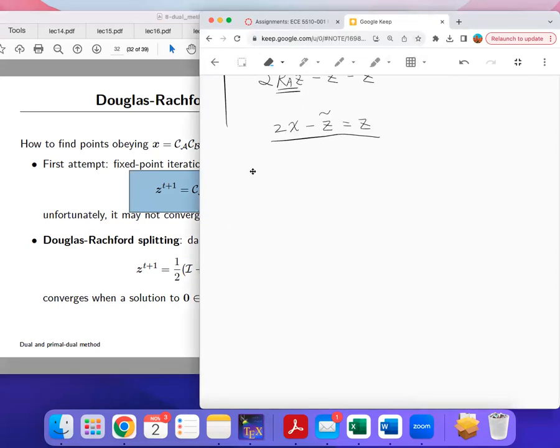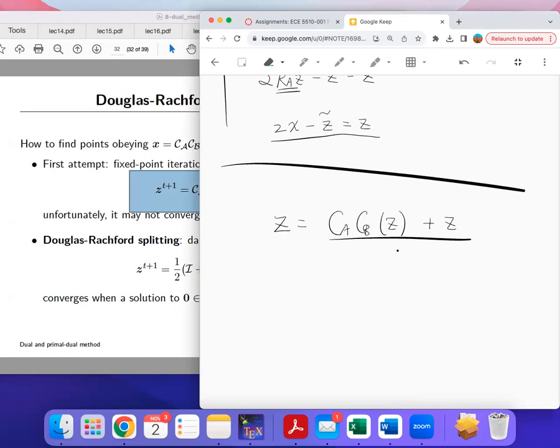And the idea is that we can start from this fixed point equation, and I can add a z divided by 2, and then divide by 2 on both sides. They are equivalent. They are equivalent because if you subtract, actually, it's this one.